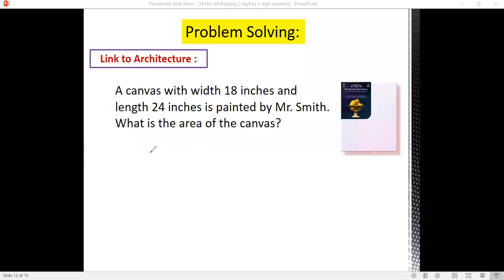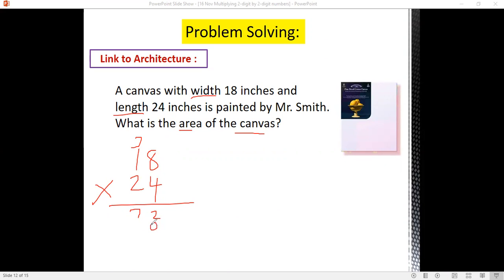So, of course, we are going to multiply. So, 18 times 24. Let's find the area of the canvas. Okay, when you read the word area, we are going to multiply the length and the width. So 8 times 4 is 32, carry 3. 4 times 1 is 4, plus 3 is 7.